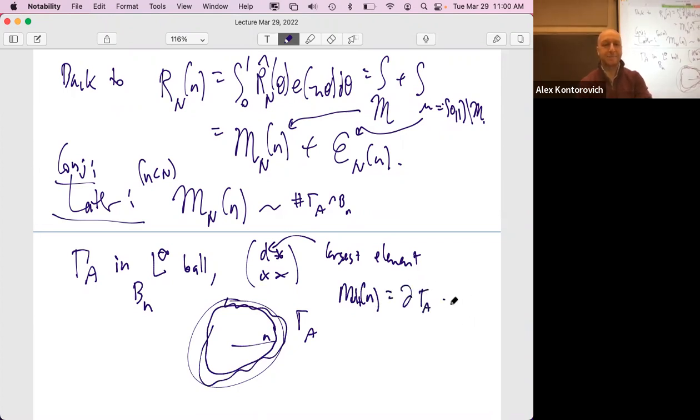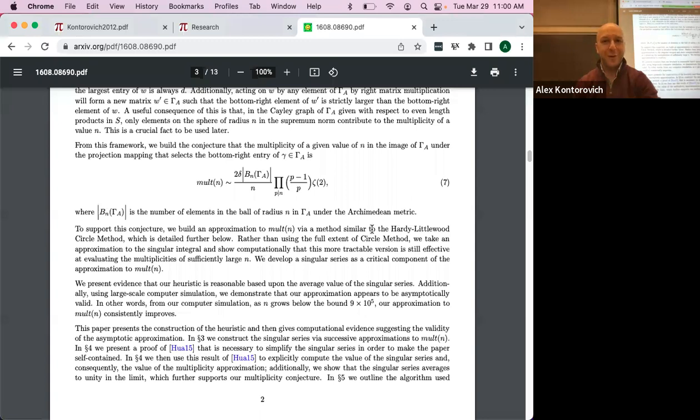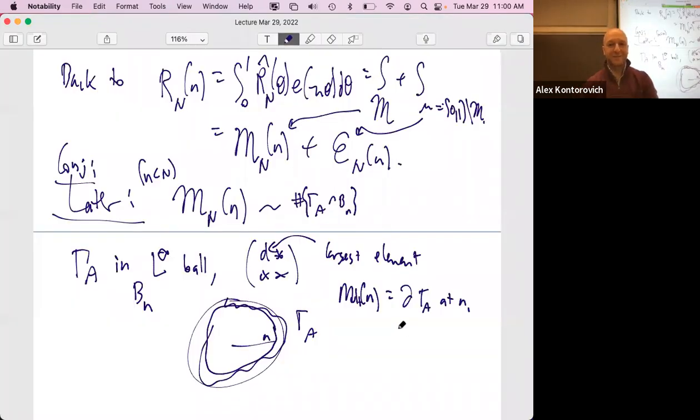Aren't we taking L infinity balls? At the moment, I'm being completely agnostic about the balls. We'll have to take very precise balls and we'll have to smooth them and we'll have to do all kinds of things to them. So the first thing is, how many elements are there? And then what's the derivative of that? Well, the derivative of that, if the B_n gamma, right, this is exactly how many elements there are.